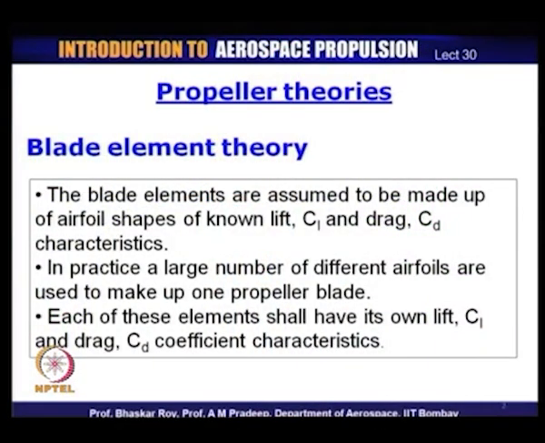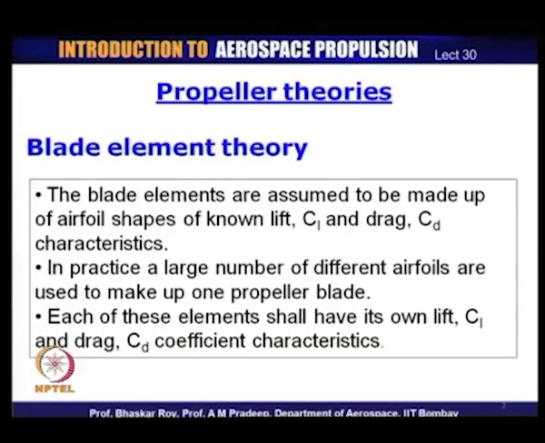So, a large number of different aerofoils are used to make up one propeller blade. It could be something like 10, 15, 20 different aerofoil sections, with each having its own CL, CD and incidence range characteristics, and all of them will have to be blended together into one single blade shape.